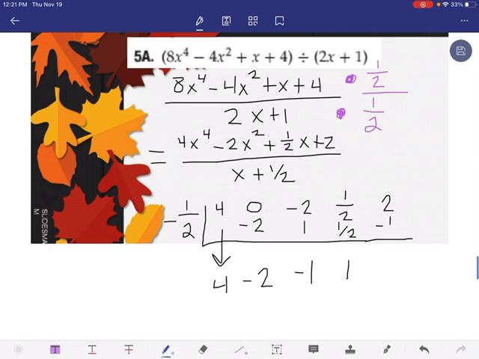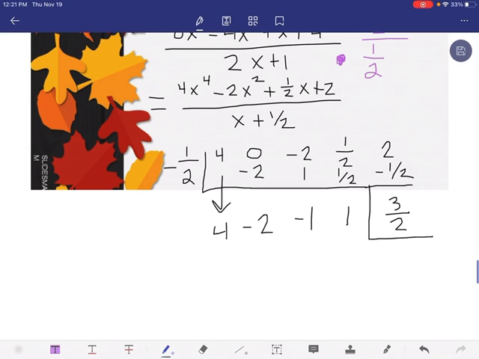Then we get -1/2. And then -1/2 plus 2 is going to be 1 1/2, or 3/2. And remember that that is always going to be our remainder.